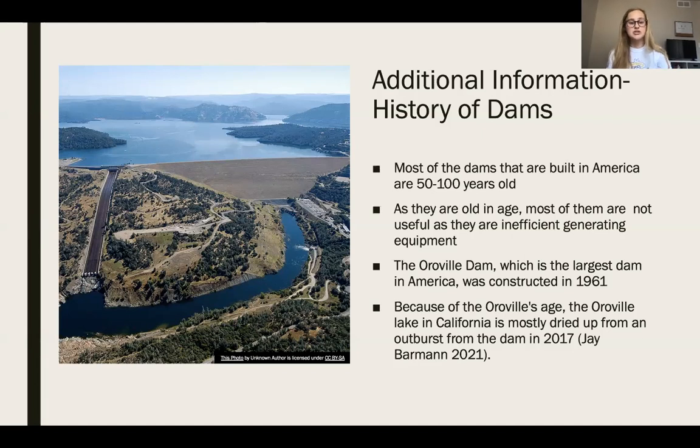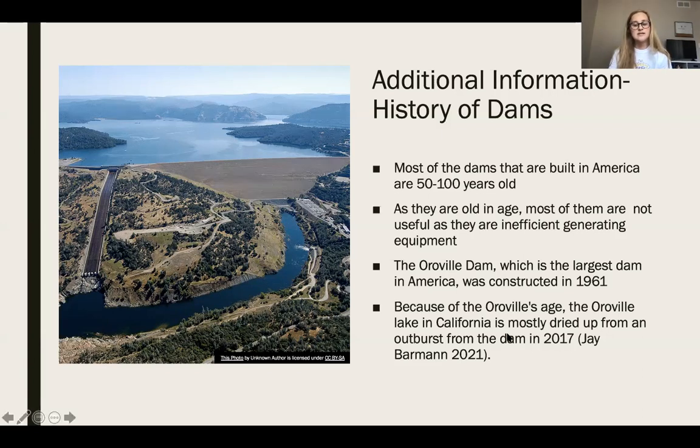This picture is the Oroville Dam, which is the largest dam in America, and it was constructed in 1961. Because of the Oroville's age, Oroville Lake in California is mostly dried up from an outburst in the dam in 2007. That is from Jay Behrman in 2021.